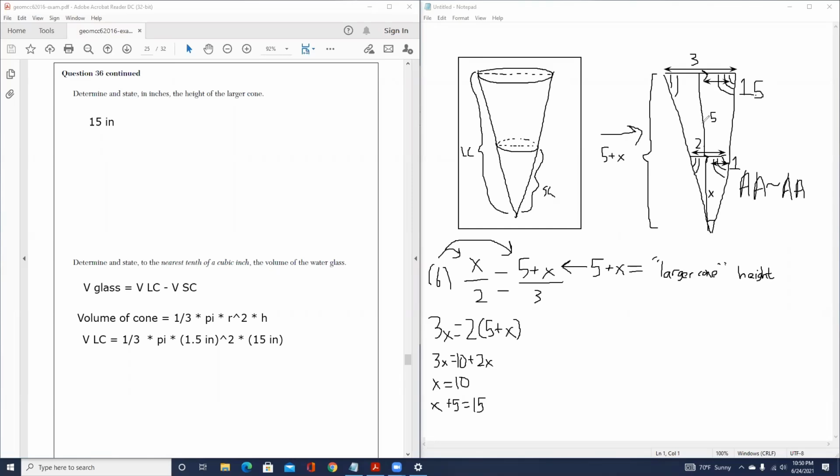Here we go. There's the two radii. The volume of the larger cone is equal to 35.343 cubic inches. Let's repeat this process for the smaller cone.